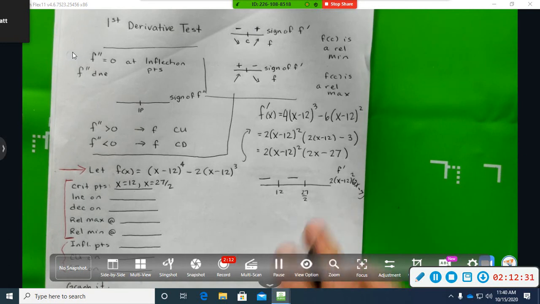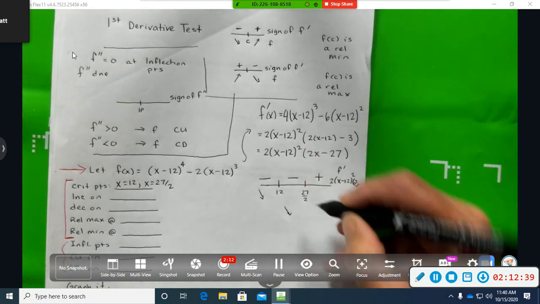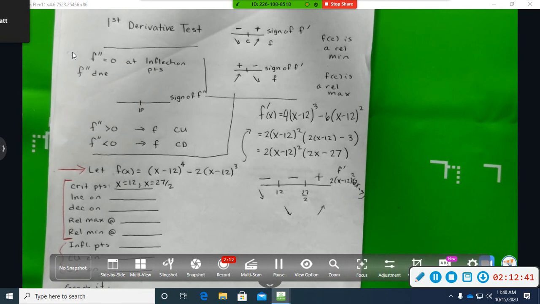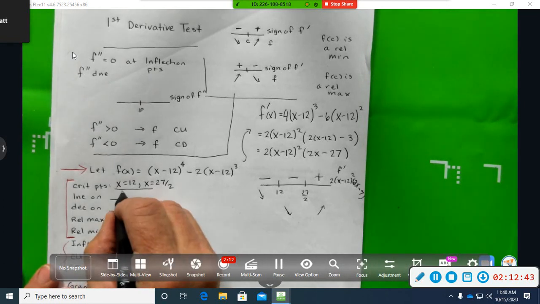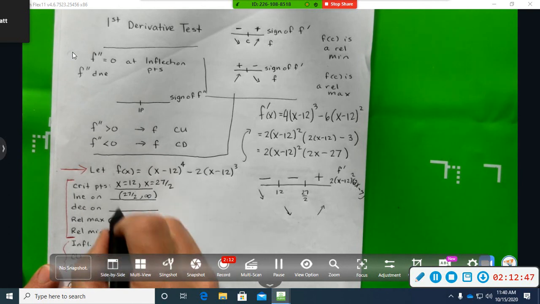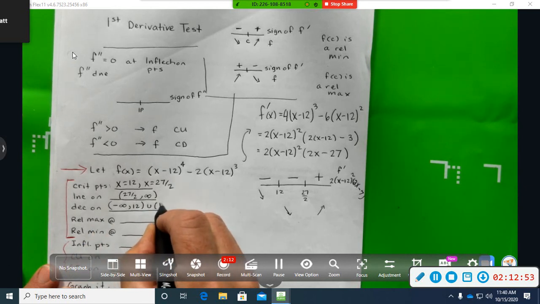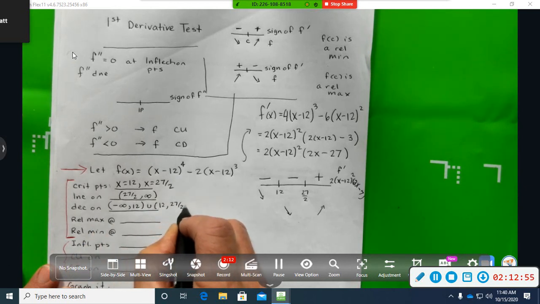If I put in 14, 2 times 14 minus 27 is positive. So we have decreasing, continue to decrease, and then increase. It only increases from 27 halves on out. It decreases to the left of 12, and again between 12 and 27 halves.